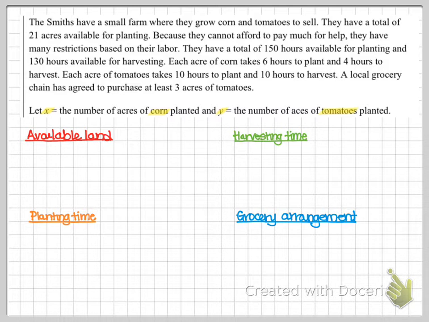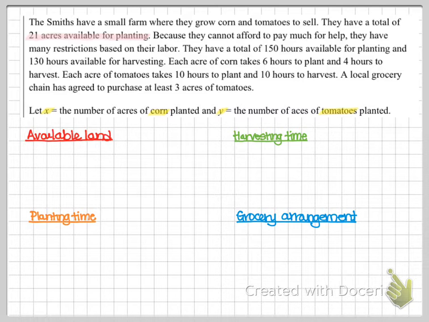Okay, they have a total of 21 acres available for planting. So I chose a pink highlighter to go with my red here. I've got my available land.